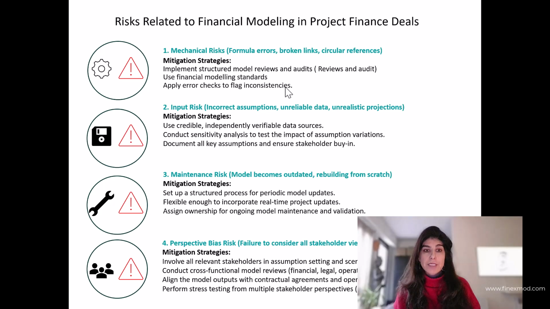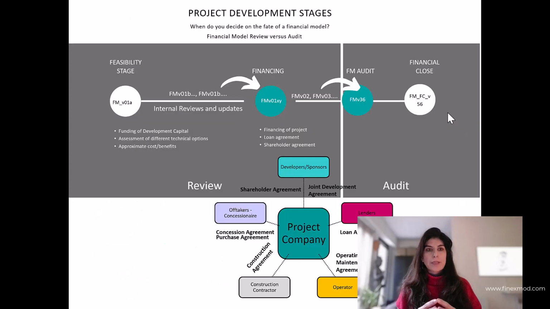Okay, the third risk that I have identified is what I call maintenance risk. Let me go to my previous slide. You see, throughout the project lifecycle, during the due diligence, you need to maintain and update this financial model. This financial modeling task is not a one-time task where at the early stage you hire a consultant, you ask them to build a financial model for you that has all the flexibility that you want, that can take you throughout the project life cycle, and you're done with the modeling.